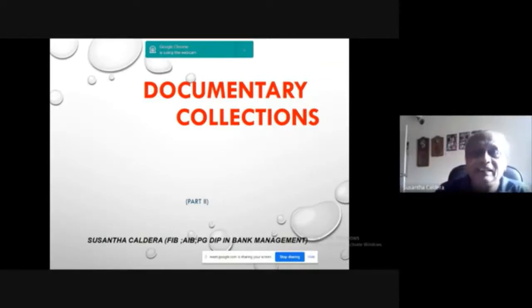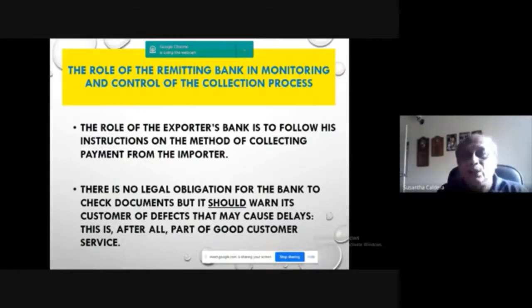Okay. Now let's continue with the document collection. The second part, the role of the remitting bank. But thank you very much, Sumudu, for bringing those things, and the Sampath Bank also, because this is what I need in this DIT class.